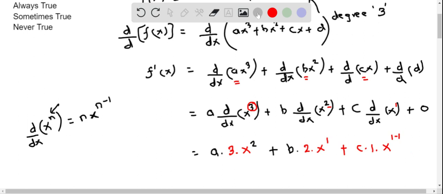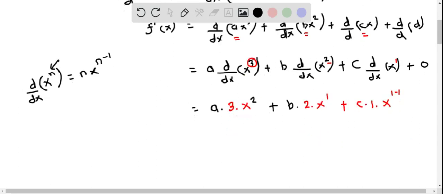We can ignore that. Now let's simplify this. It's going to give us 3ax squared plus 2bx plus c times x raised to the power of 1 minus 1. 1 minus 1 is 0, so x raised to the power of 0 is 1. So basically c times 1 is c.